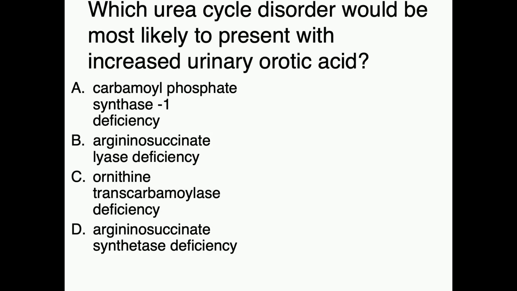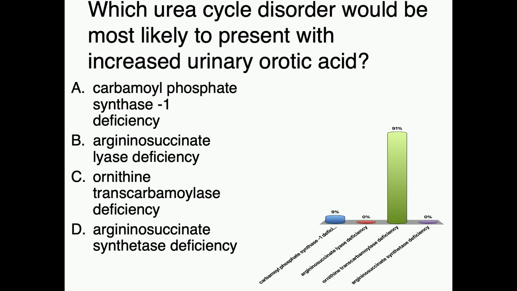So revisit that one. Okay, super. So ornithine transcarbamylase, that enzyme is right below the formation of carbamoyl phosphate.